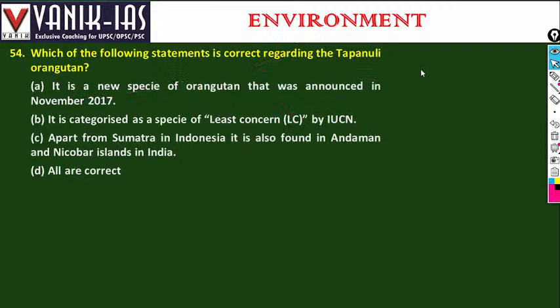Which of the following statements is correct regarding the Tapanuli orangutan? The Tapanuli orangutan is a new species of orangutan that was announced in November 2017. It is categorized as a species of least concern by IUCN.